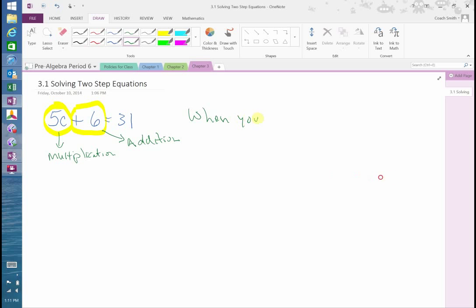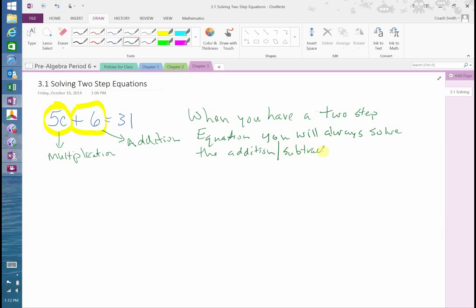When you have a two-step equation, you will always solve the addition/subtraction first.